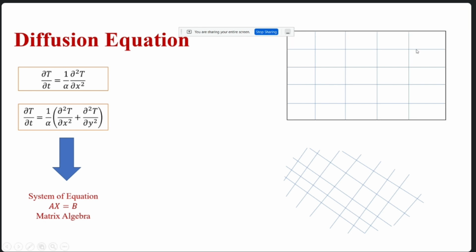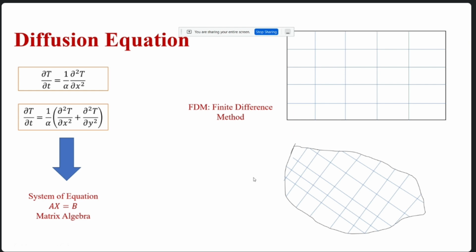Suppose our region is a rectangular region. In that case, you can directly go for an analytical solution because it is a very regular shape, no issue to solve. For a rectangular region, finite difference is easily applicable. But our part is to introduce the irregular shape. As we see, the neuron is very irregular, astrocyte is very irregular.